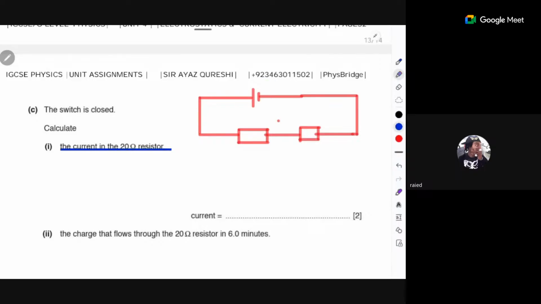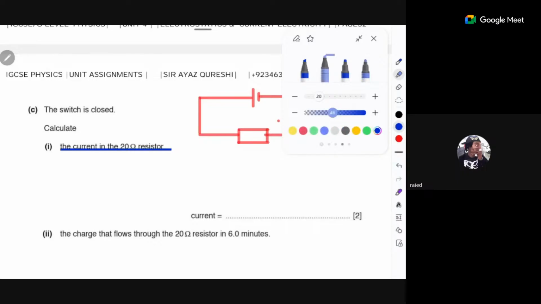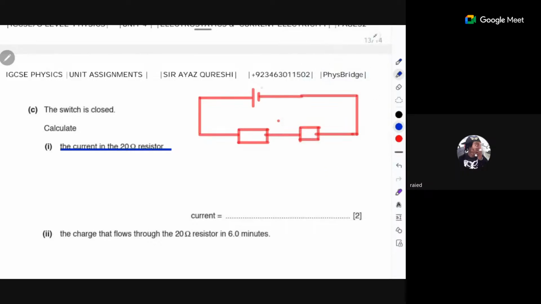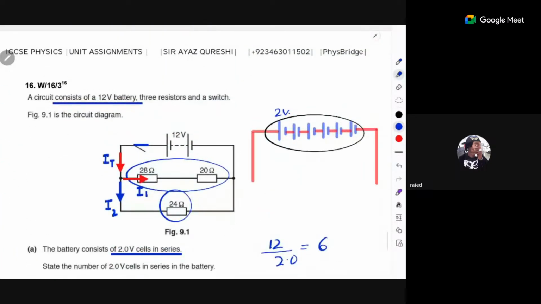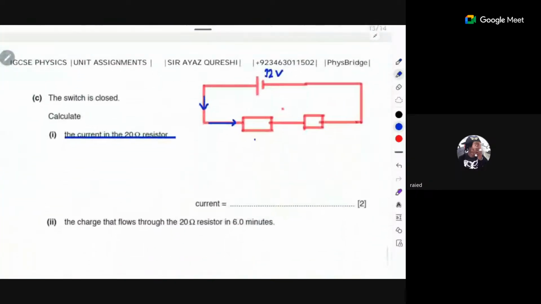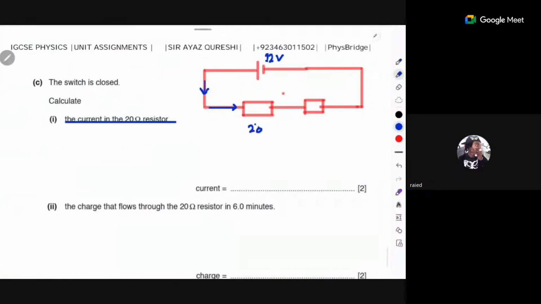So this is basically the 12 volts. The current flowing through this will pass through this here, and the total resistance for this one was 40, sorry, 24. Kitni resistance thi? 28 and 20. That was 28 ohm, and this was 20 ohm.